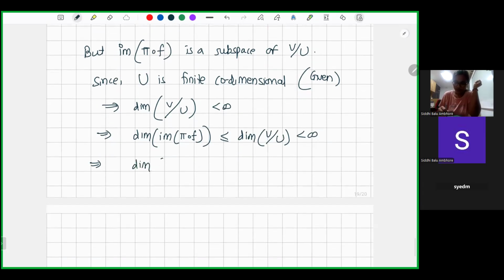So the dimension of the image of pi composed F is finite.